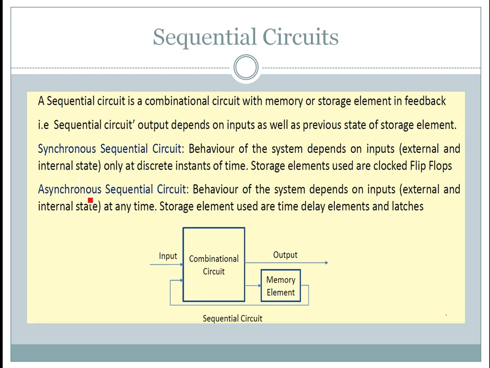In an asynchronous sequential circuit, the behavior of the system depends on inputs at any time. In synchronous, only at a discrete instant of time, but in asynchronous, at any time. And here the storage elements used are time delay elements and latches. In the next slides, we'll see what a latch is.